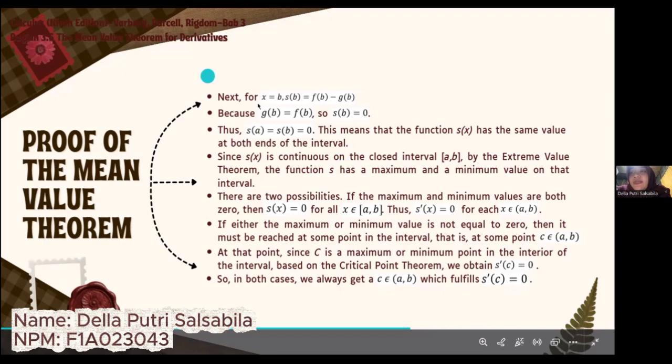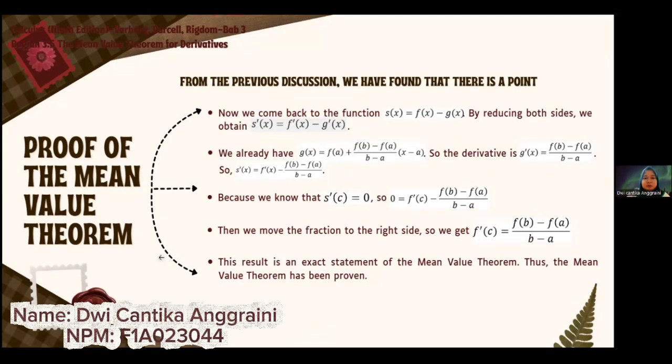From the previous discussion, we have found that there is such a point. Now we come back to the function s of x equals f of x minus g of x. By differentiating both sides, we obtain s prime of x equals f prime of x minus g prime of x.